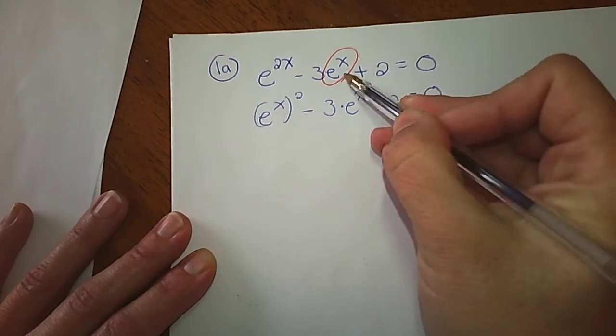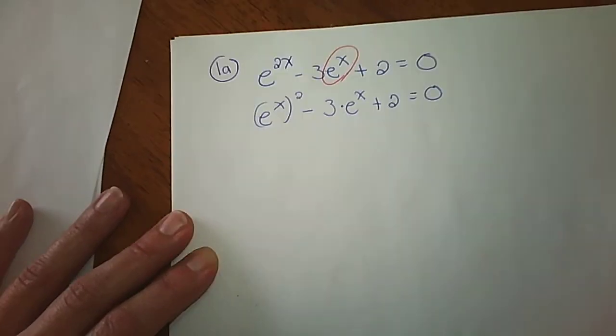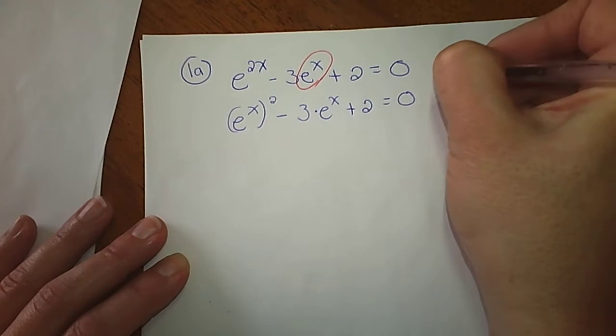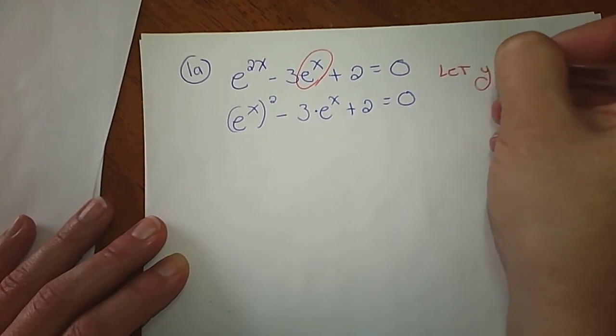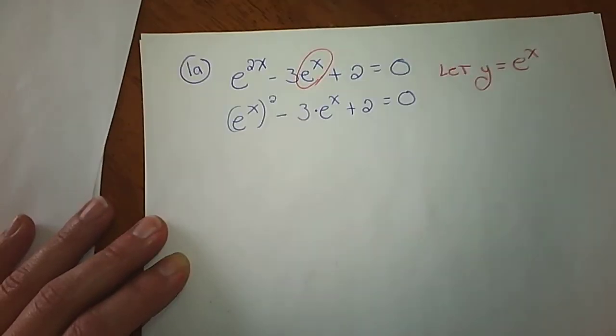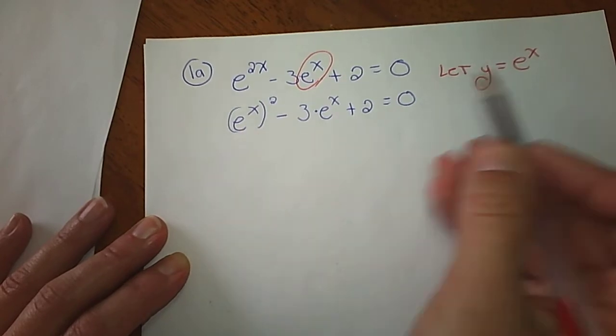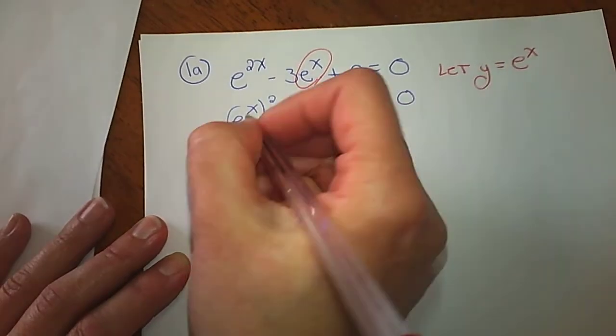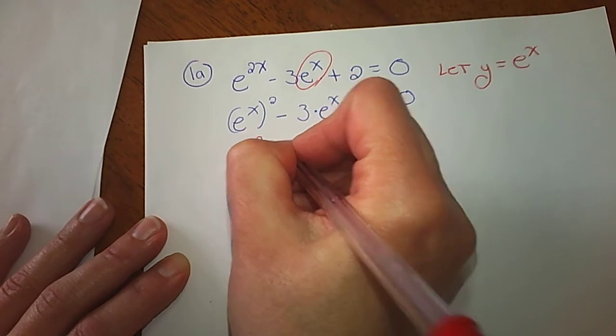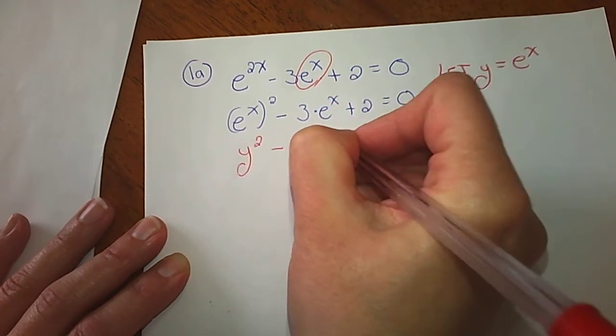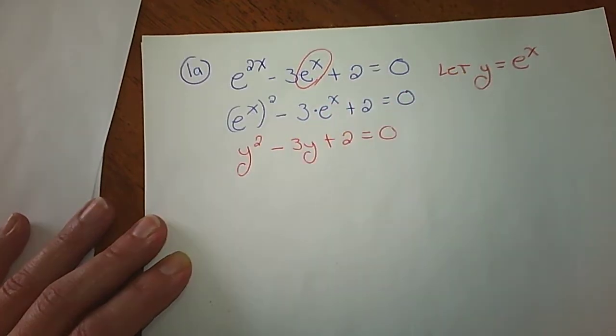So this usually is what you want this to look like. And the reason why we want to do that is now I do a let statement: let y equal e to the x, and I rewrite this using y. This becomes y squared minus 3y plus 2 equals 0.